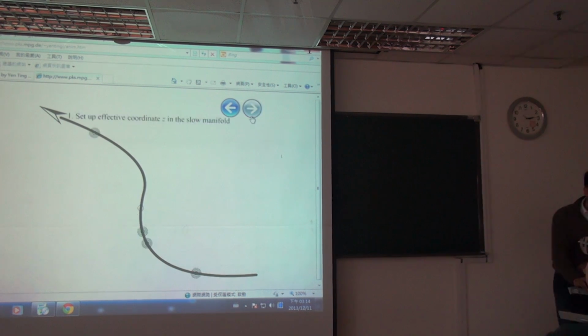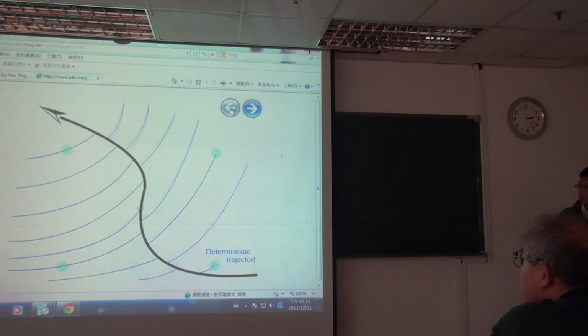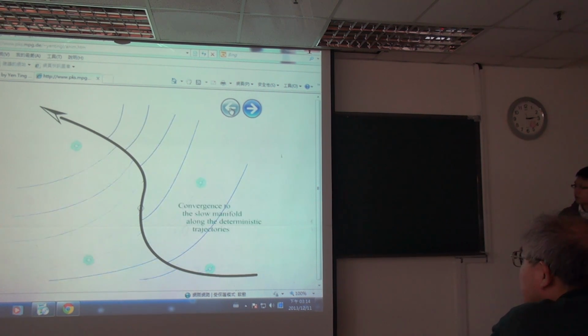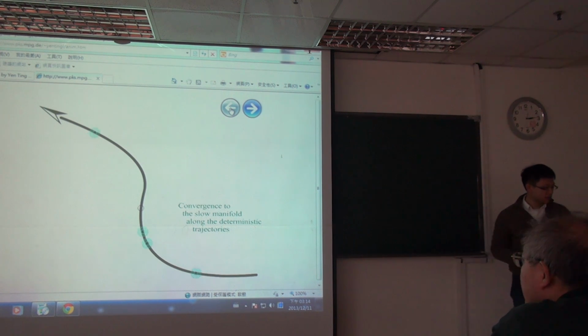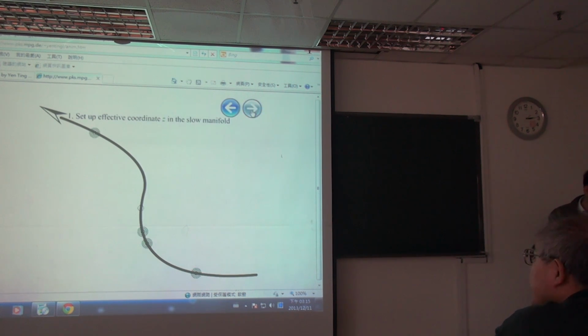And then since it is far away from, sorry for the sound. So when it's far away from the center manifold, it again flows along the deterministic trajectory back to the slow manifold.